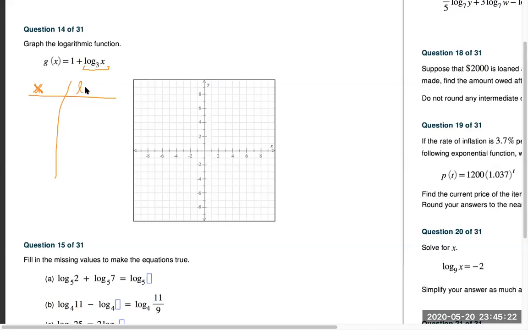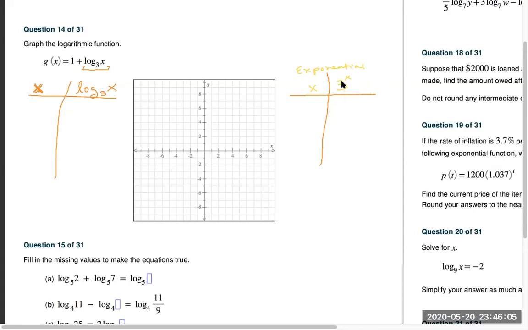We're just going to look at log base 3 of x. To compare that, we're going to look at 3 to the x power. So essentially, this is your exponential version of this function.